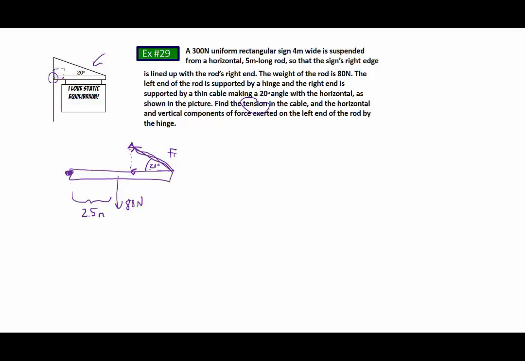Okay, some other ideas. It says we've got the hinge, and then it looks like there is a sign that is suspended from the rod. So this sign is pulling down on the rod, and that sign is going to be suspended so that the sign's right edge goes all the way to the end of the rod, and then that sign itself is 4 meters.